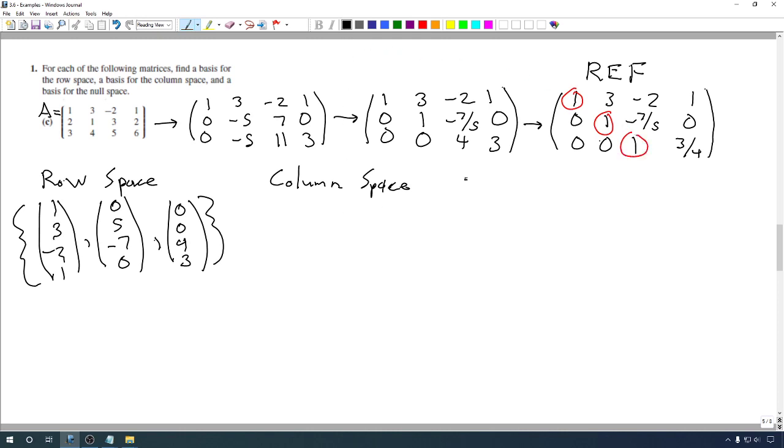We're going to take the same column positions in matrix A. So we have leading ones in columns 1, 2, and 3, so we're going to take columns 1, 2, and 3 from the original matrix A. Here, the first column of A is 1, 2, 3. The second column is 3, 1, 4. And the third column is negative 2, 3, 5.